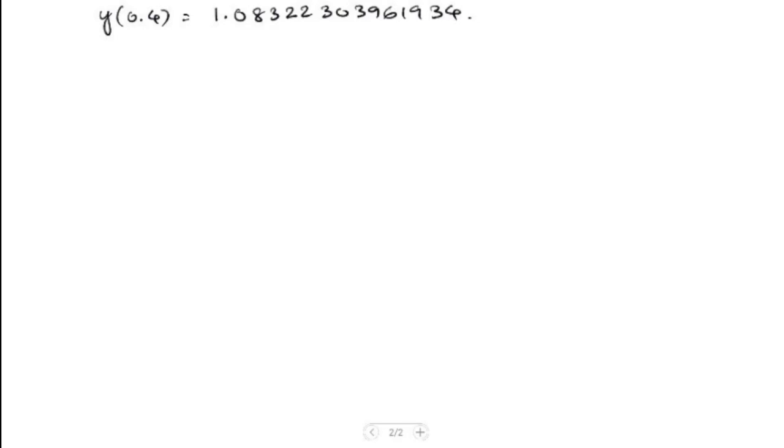I have taken long decimal numbers here, but you don't need to do that. In examination, either I'll mention how many decimal places to take, and if not mentioned, then I will say generally how many you should take also.